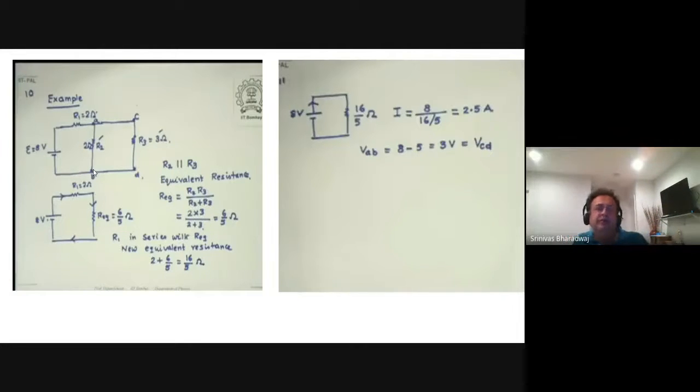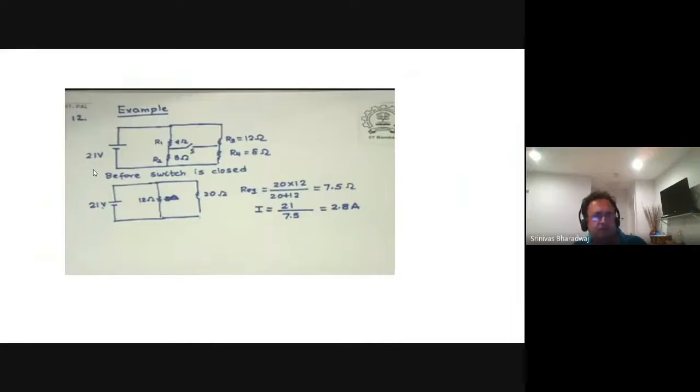And you have current across branches. So I coming in equals I1 plus I2, right? These are actually the laws that you will use when you learn Kirchhoff's laws.